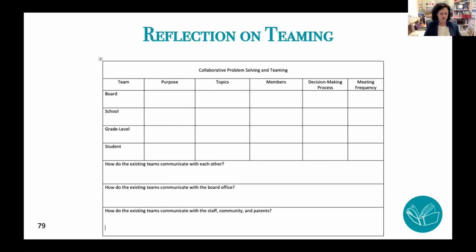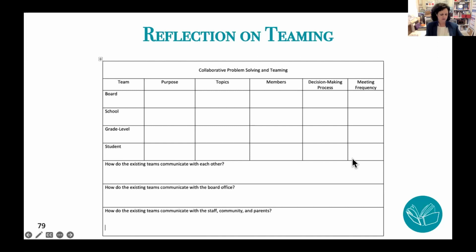So in that MTSS implementation guide document, you have an opportunity to reflect on the teams that currently exist at the board, school, grade, and student level within your system. And the columns ask you to think about or articulate the purpose of each of those teams, topics that they are working on, the membership, the processes that they use, and how often they meet.